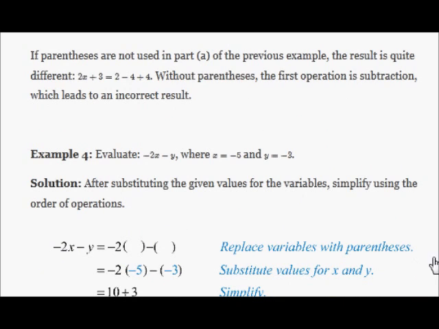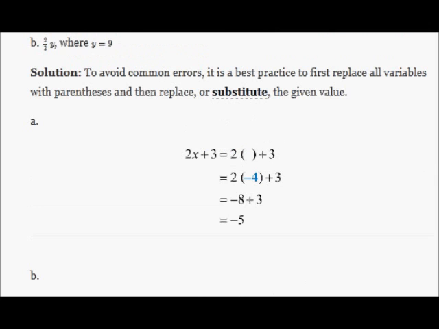If parentheses are not used in part A of the previous example, the result is quite different. 2x plus 3 is equal to 2 minus 4 plus 4. Without parentheses, wait a second, I don't think this is stated correctly here.